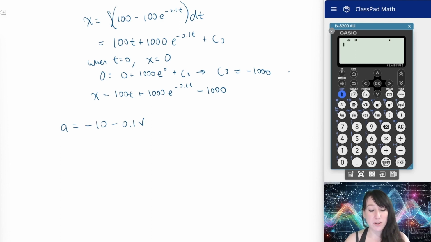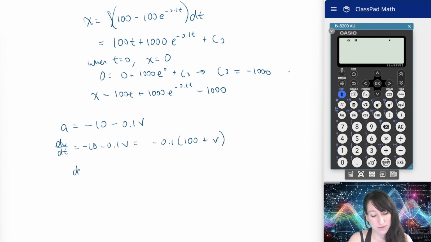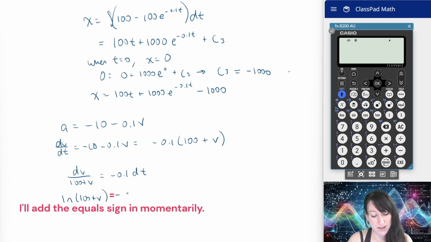So in this case, we can use dv dt again, factorize out negative 0.1, and separate variables. Now the integral will be ln of 100 plus v equals negative 0.1t plus a constant.